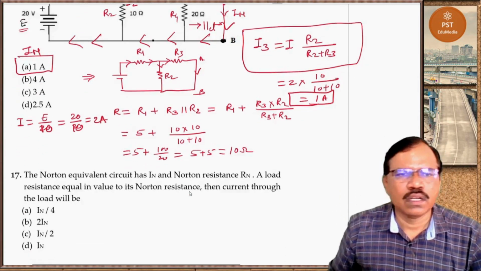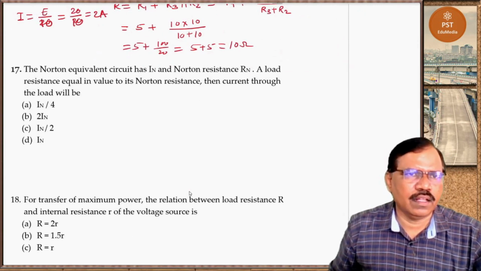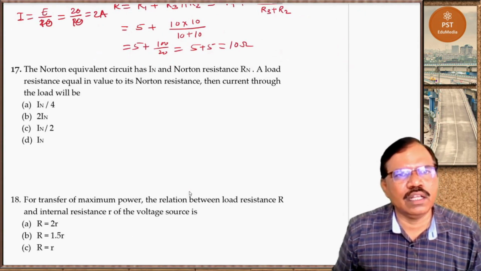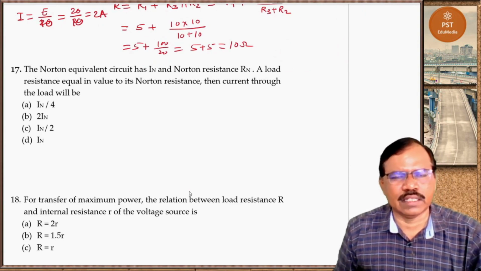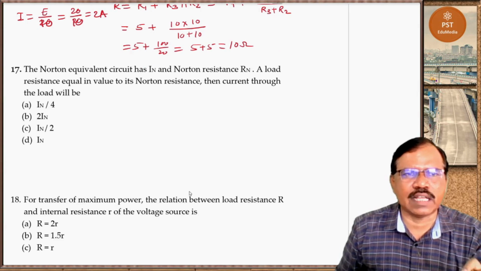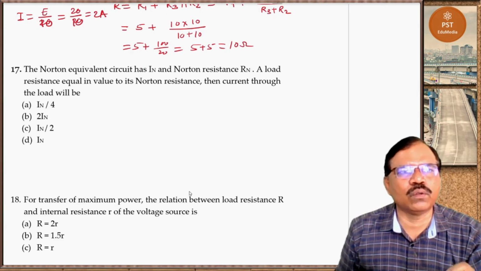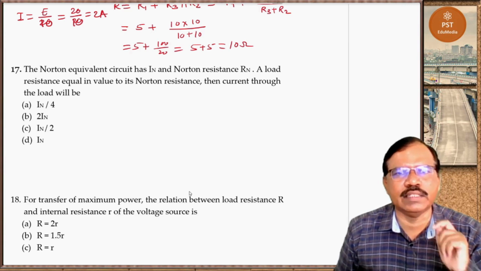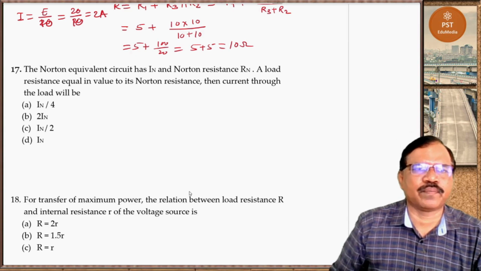Now we'll go to the next one. The Norton equivalent circuit has IN, the Norton current, and Norton resistance RN. A load resistance equal in value to its Norton resistance is connected. Then the current through the load resistance will be?